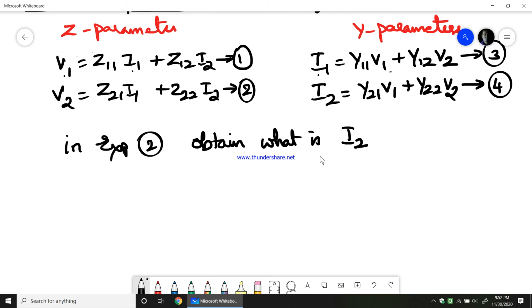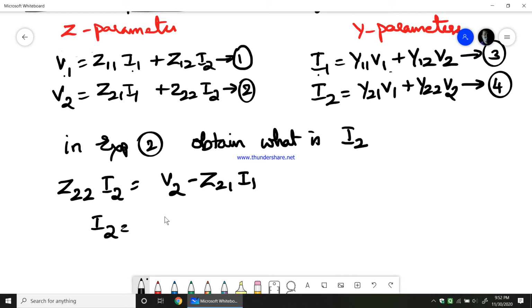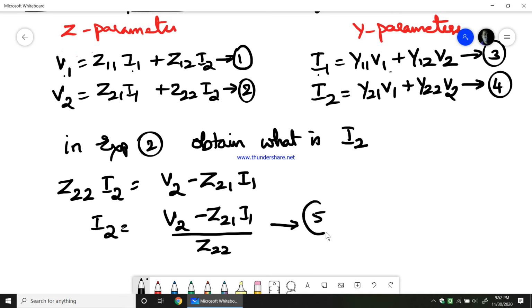For that we'll keep Z22 I2 on the left hand side and take Z21 I1 to the other side. So V2 minus Z21 I1. Therefore I2 would be equal to V2 minus Z21 I1 by Z22. So let me take this as fifth equation.